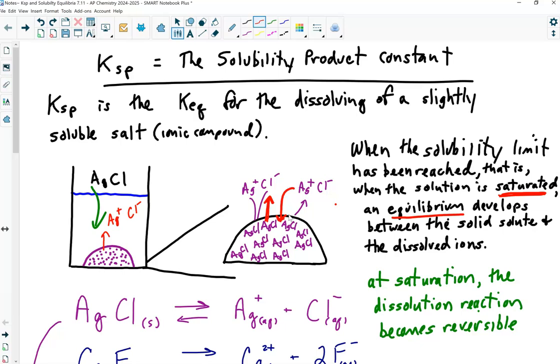At the saturation point, there is an equilibrium that's developed between the solid ionic compound and the aqueous ions. And if you think about that, at this saturation point, this dissolution reaction becomes reversible. And if it's reversible, then you can write a reversible reaction.